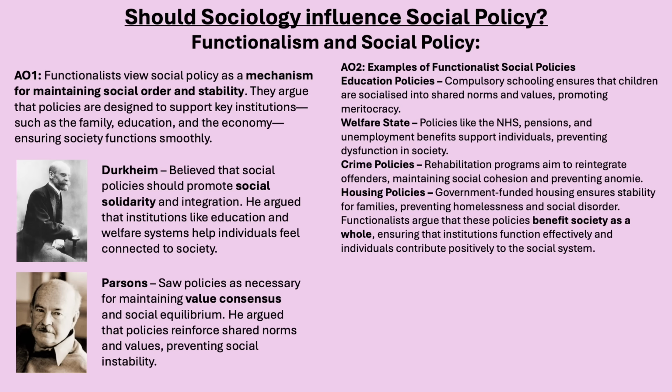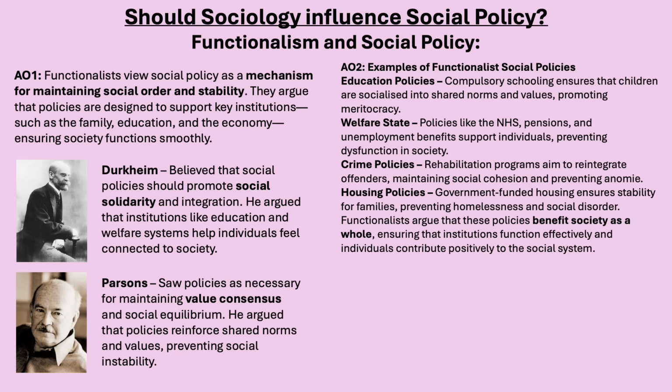So if we're looking at examples, we have education, so compulsory schooling ensures that children are socialised into shared norms and values, promoting meritocracy. The welfare state, so policies like the NHS, pensions, unemployment benefits, the support of individuals preventing dysfunction in society.